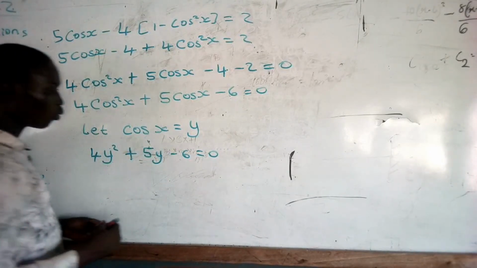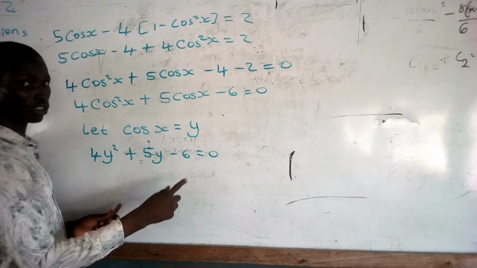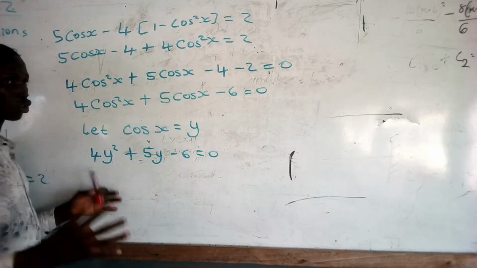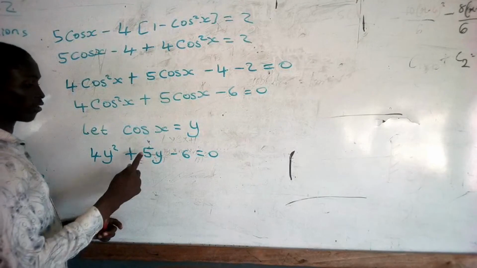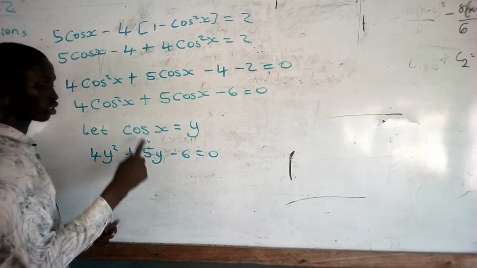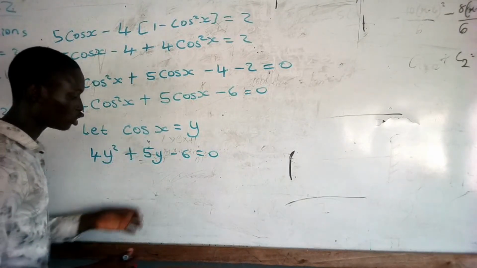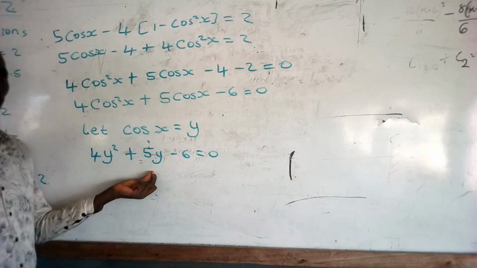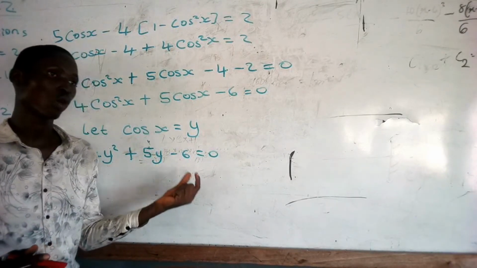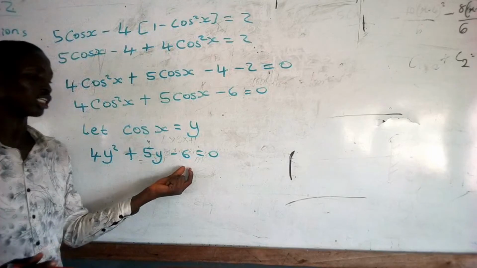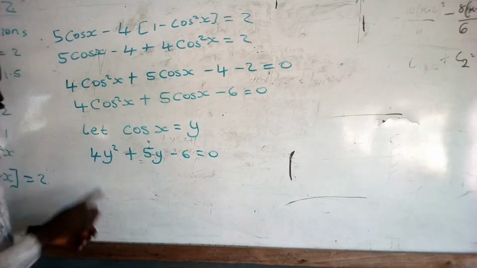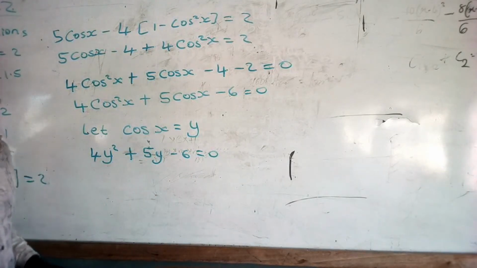Now, what two numbers multiply together to give us 24 and add together to give us 5? We are looking for two numbers whose sum is 5 and whose product is 24, because 4 times 6 is 24. So which numbers are best?